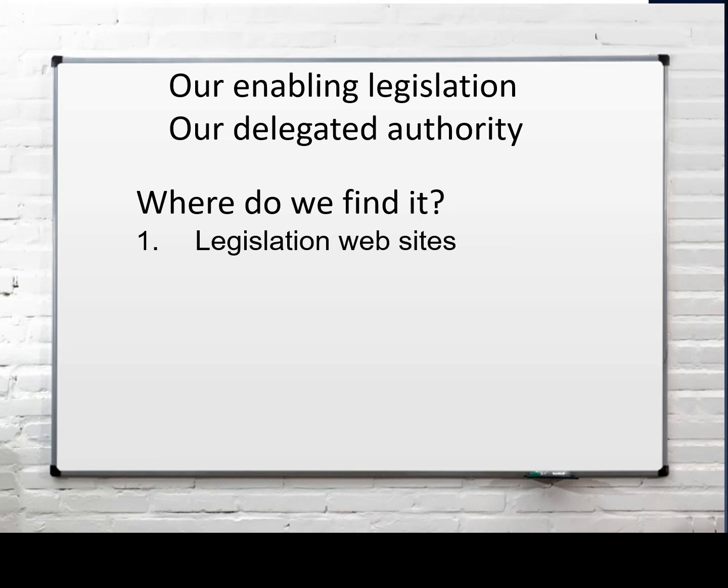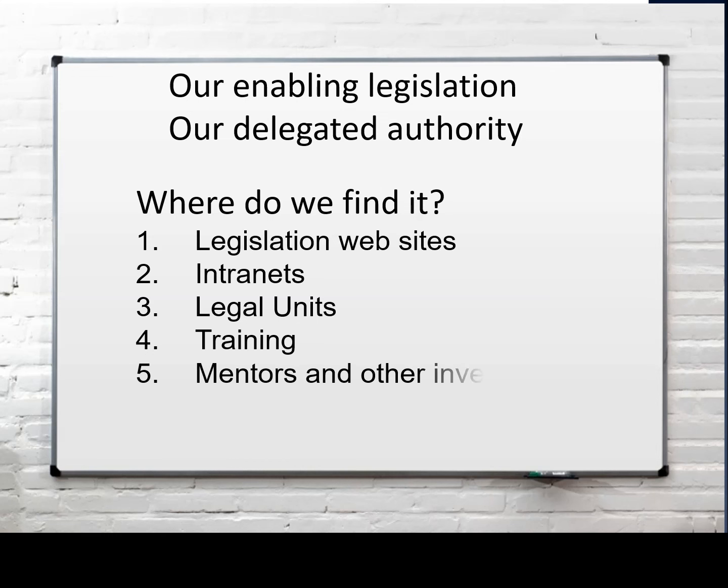It has every state, territory legislation, and also case law and other relevant resources. So legislation websites is one way we can find our enabling legislation. We can also find them on our organisation's intranets. We can speak to or get information from our legal units. We understand or should be trained in our legislation, and also we may get assistance or guidance from mentors or other investigators around understanding our legislation.